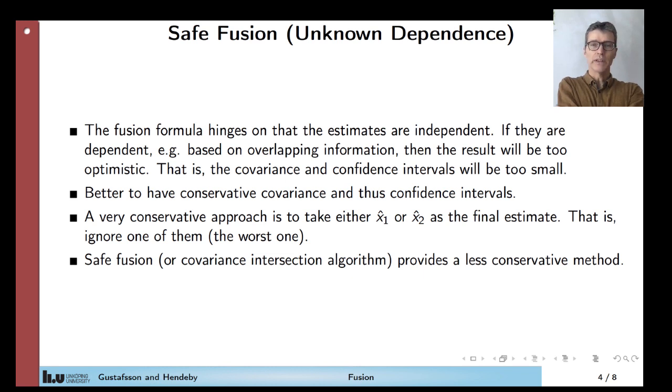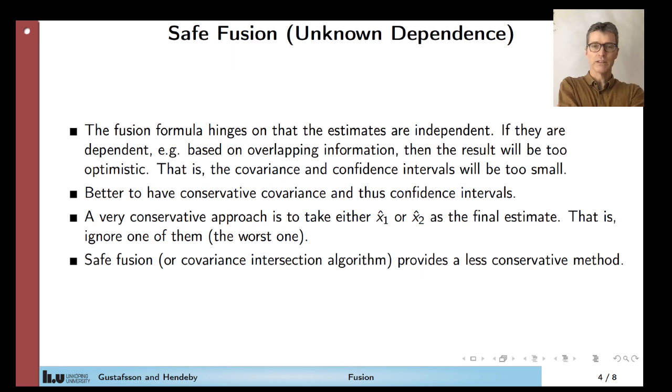So in a way, if you are uncertain about correlation, it's better to have a conservative estimate, that is a conservative covariance, and thus too large confidence intervals, than the reverse, to have too small covariance and too small confidence intervals. At least if you base a decision about your certainty, it's better to be conservative than too optimistic.